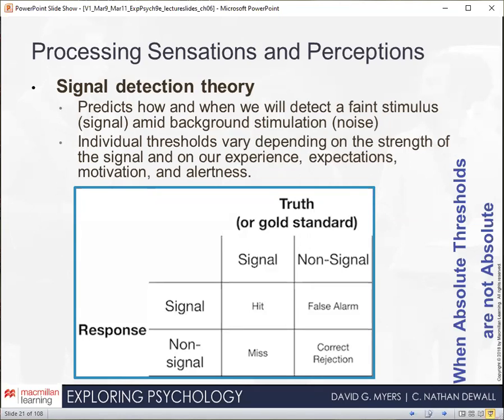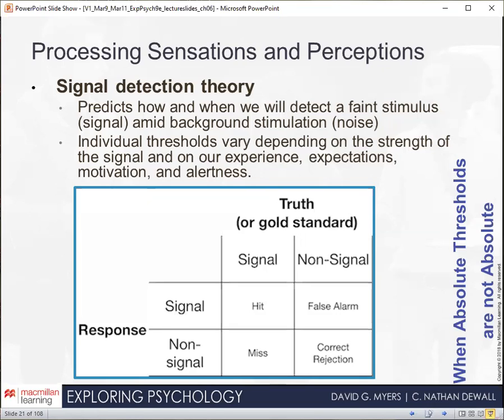Now, using that basic scenario, if you're on a naval vessel somewhere and you're looking for potential threats to your ship, you're going to be very alert and very motivated, and usually it's going to be a very experienced individual identifying targets to your ship. Therefore, you may probably have a lot more false alarms, but you're going to be highly motivated. So your absolute threshold may not be as absolute.